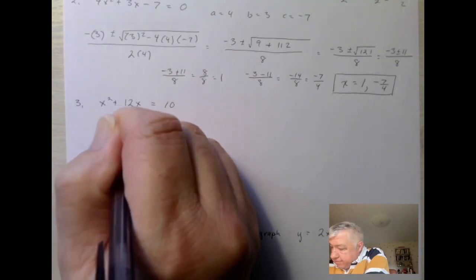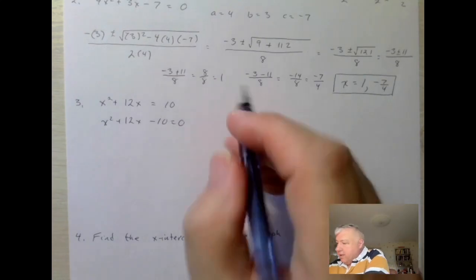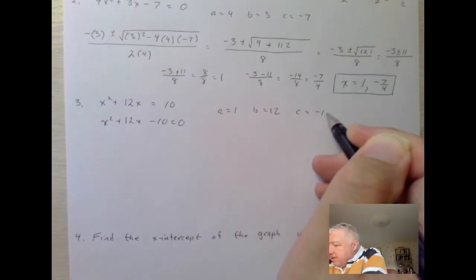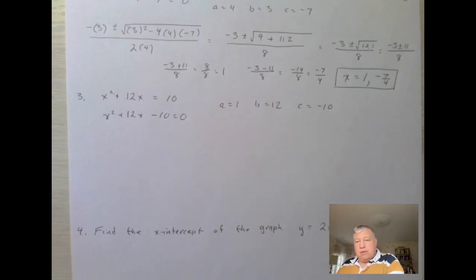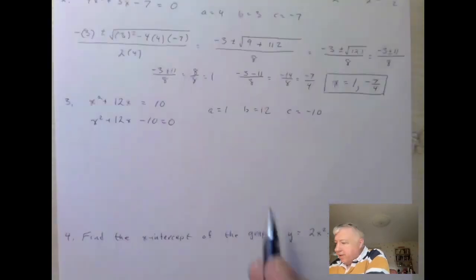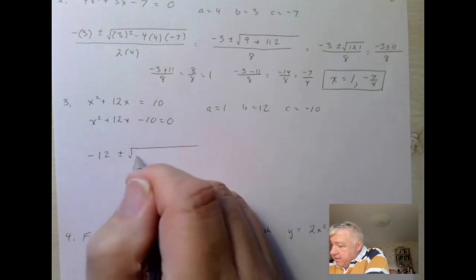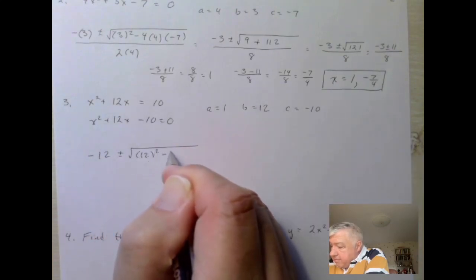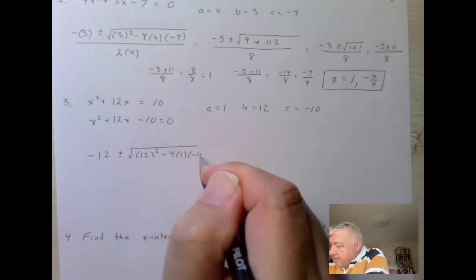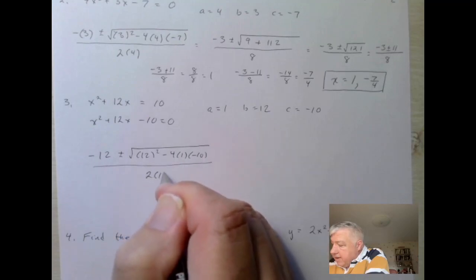So we get this, and so a is 1, b is 12, and c is negative 10. And therefore we use our quadratic formula again. We get minus b plus or minus the square root of b squared minus 4ac, all over 2a.